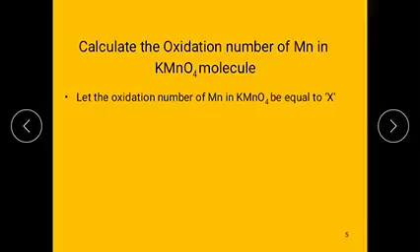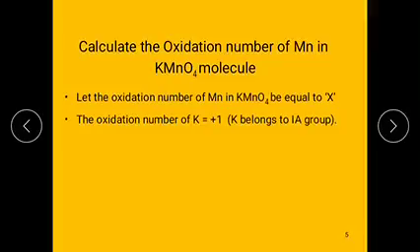Let the oxidation number of manganese in KMnO4 be X. The oxidation number of potassium is plus 1, because potassium belongs to the first A group elements, for which we take the oxidation number as plus 1, equal to its group number.